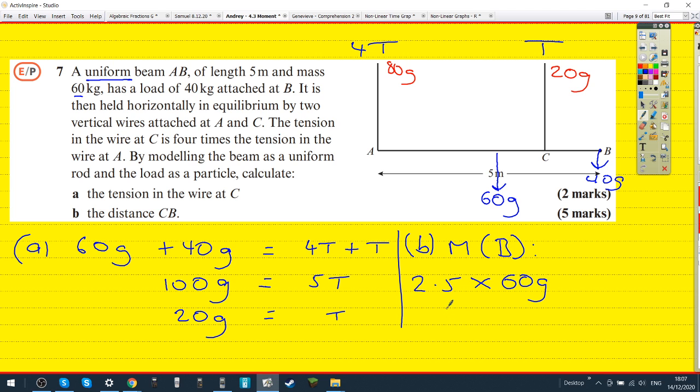A to a moment of A. So do something similar for the tension at A. Oh, do I need to do for B? Do I need to do like times 20 or something? Yeah. So how would you express it? Is it 2.5 times 60 times 20 or?